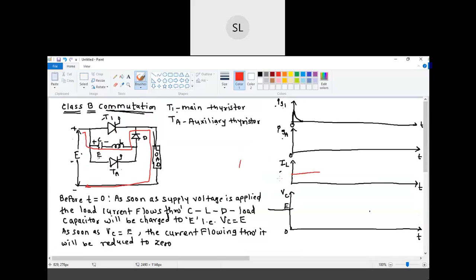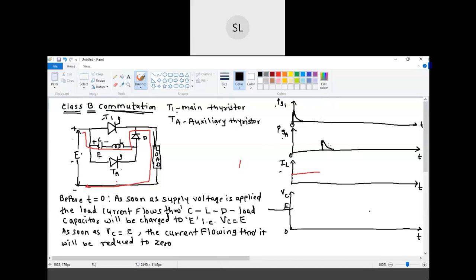Okay. Now with this, suppose we apply a triggering signal to this auxiliary thyristor TA at t equal to t1.